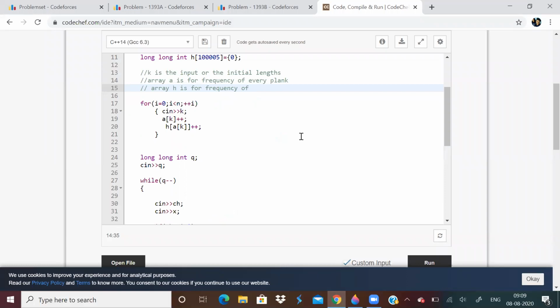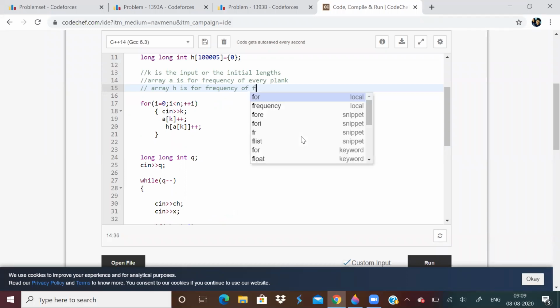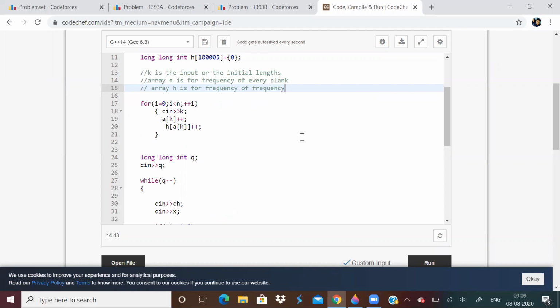Array H is for frequency of Planck, or you can say array A elements. Array A will calculate frequency of every Planck, okay? Array H will calculate frequency of those frequencies.